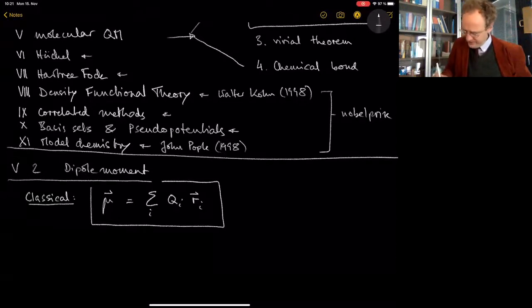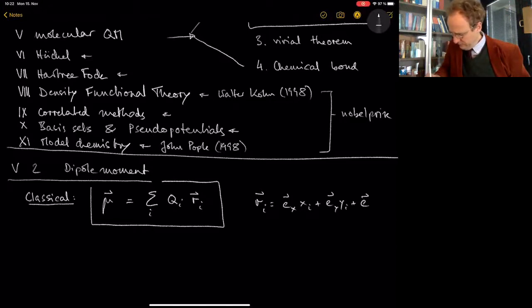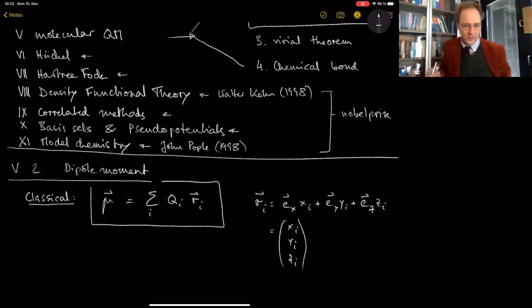Now, of course, your distance vector is the one of your unit vectors. And depending on notation, you can write that any way. It assumes that you're operating in some Cartesian coordinate system.